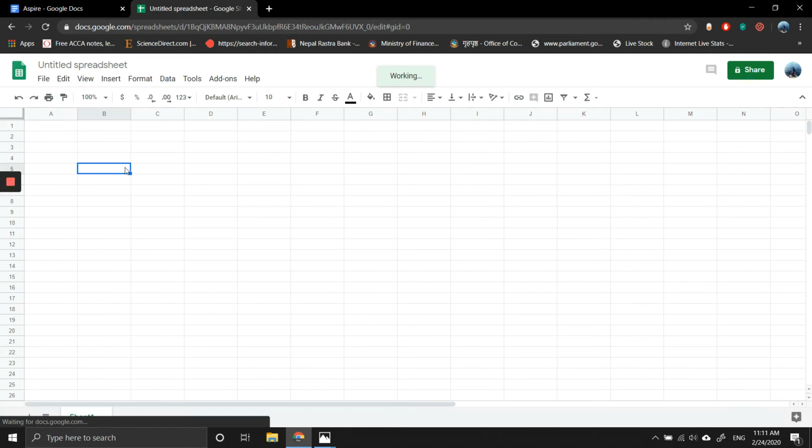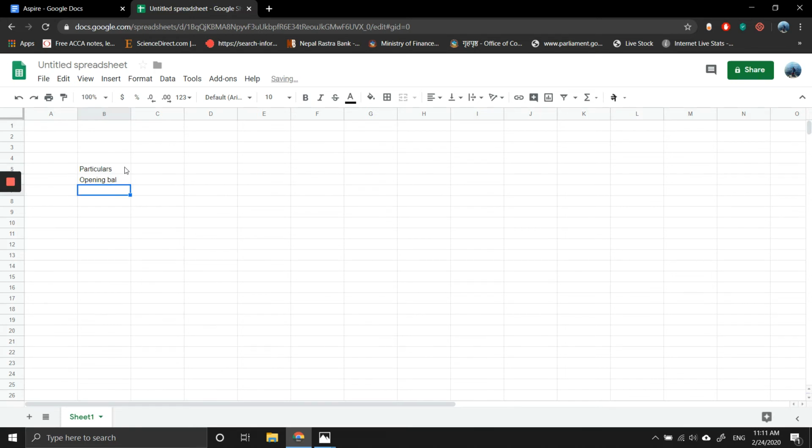Let's use our standard proforma, which is particulars, and then opening balance, finance cost, and then payment has been made, and then translation gain or loss, and then after that, closing balance.